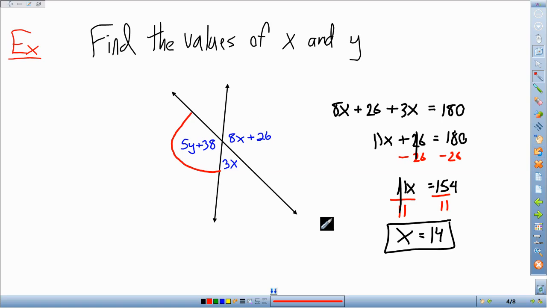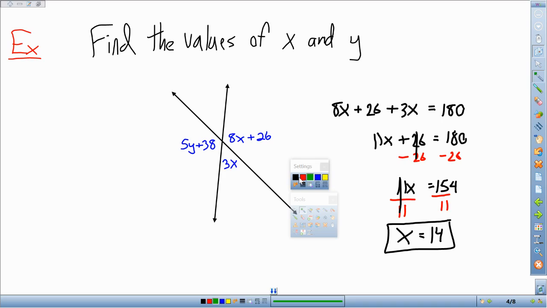Here's my other option. I know that this angle here, the 5y plus 38, and this one, 3x, make a flat line. Another way of finding out what y equals would be to say that this angle plus this angle equals 180, plug in 14 and solve. Either way, you're going to get the same answer. Do whatever you think is going to be easiest.